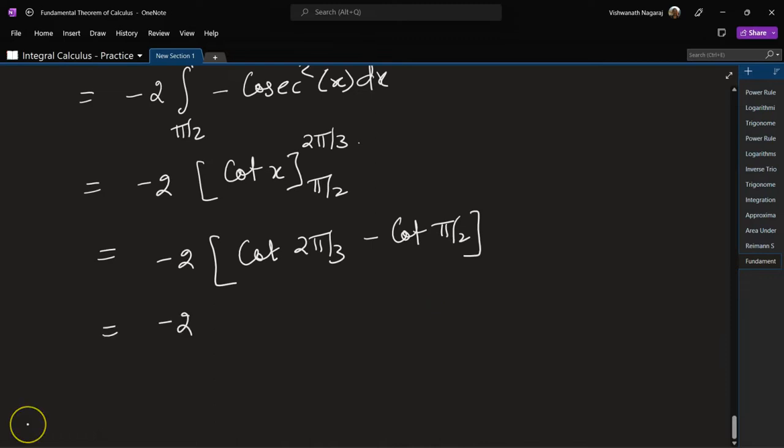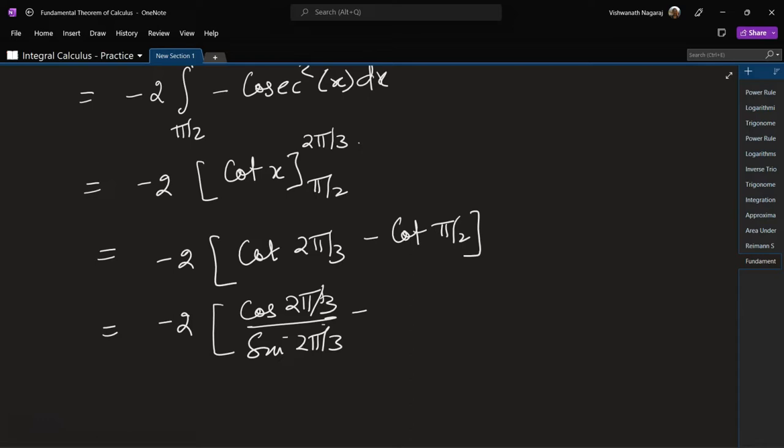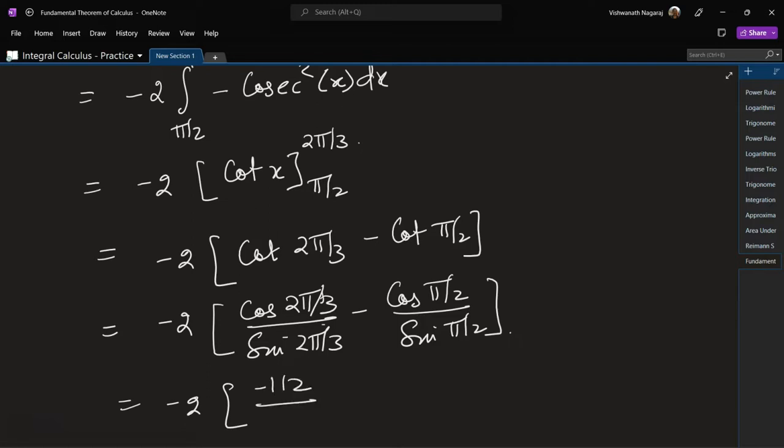Okay, minus 2 times cos 2 pi by 3 by sine 2 pi by 3 minus cos pi by 2 by sine pi by 2. Cos 2 pi by 3 is minus 1 by 2, and sine 2 pi by 3 is root 3 by 2, minus, cos pi by 2 is 0, and sine pi by 2 is 1.